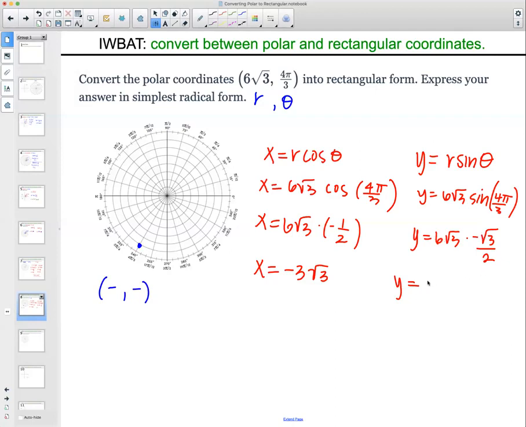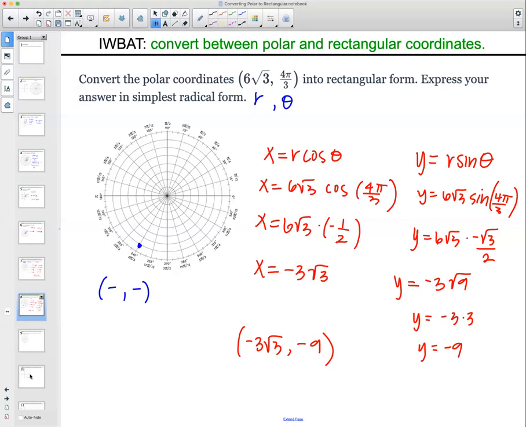So 6 divided by 2 is 3. So we have negative 3. And then we have root 3 times root 3 is root 9, which is negative 3 times 3. So your y value is negative 9. So putting those together, x coordinate is negative 3 root 3, and y coordinate is negative 9. So this matches the negative negative of the third quadrant, which is good.